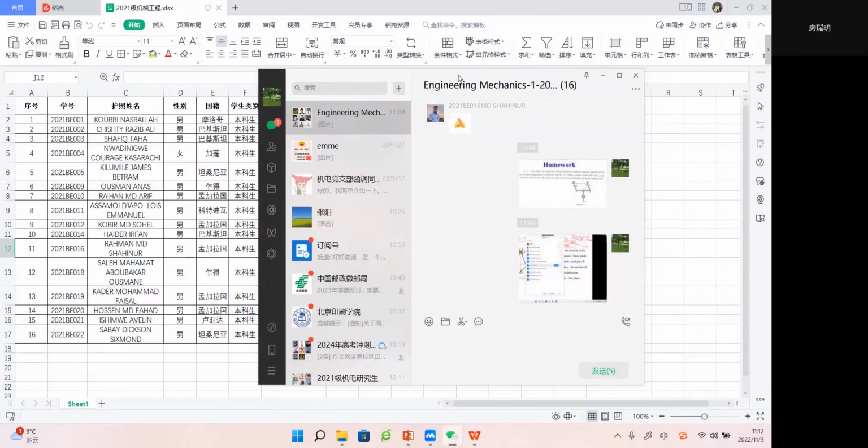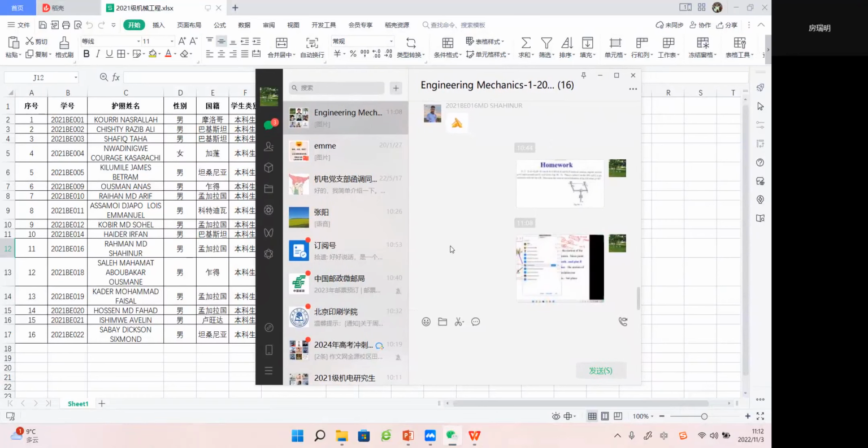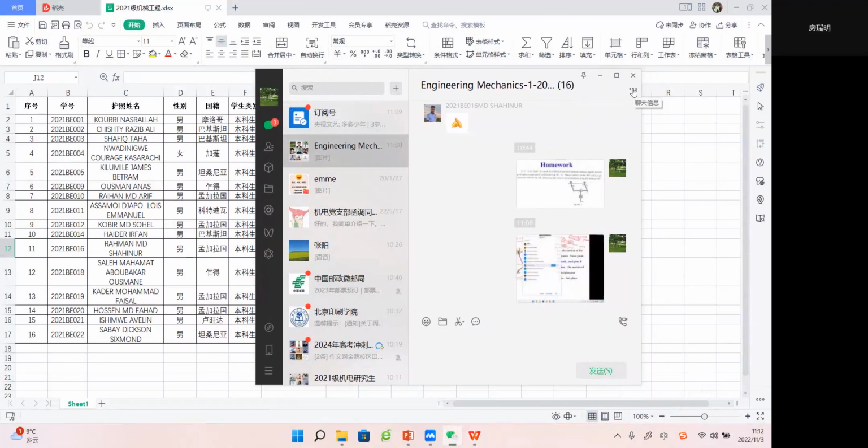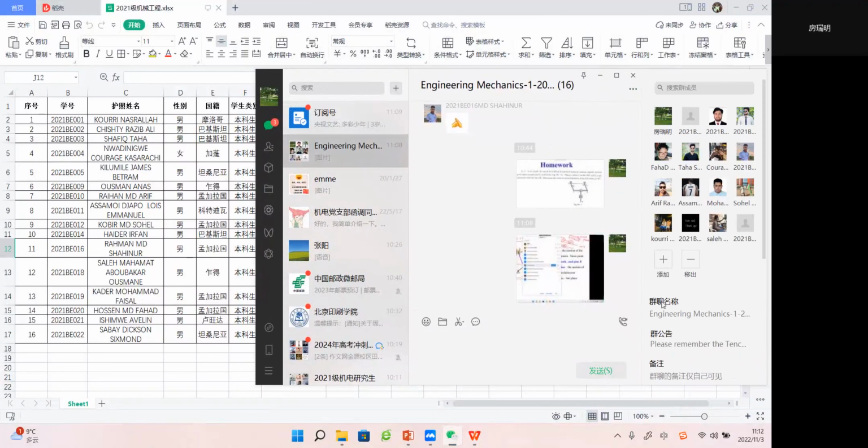I don't know which one will be that guy, but you will fail this examination, right? So if you can find which one is not in our WeChat group, please add him here. I cannot find which one is not in our WeChat group.